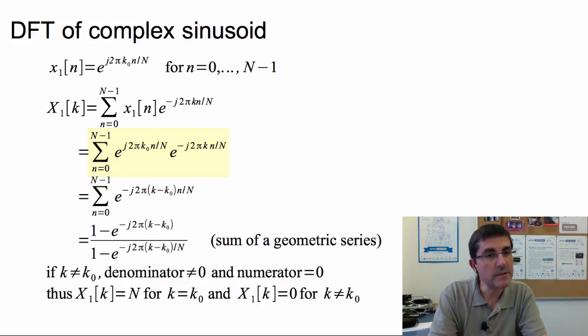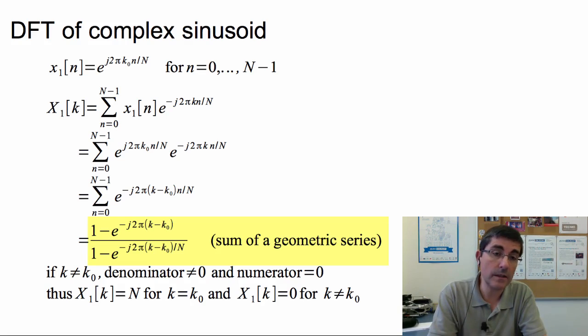We can sum the exponents and we obtain a single complex sinusoid with a more complex exponent, and this in fact is the sum of a geometric series, and therefore it has a closed form that can be expressed by this equation. By inspecting this equation, we can see that when k is not equal to k sub 0, the denominator is not 0 and the numerator is 0.